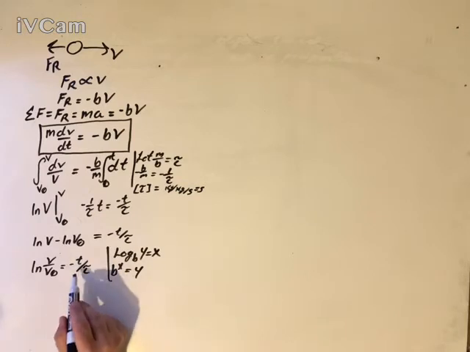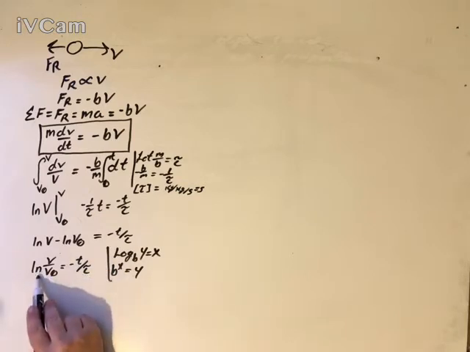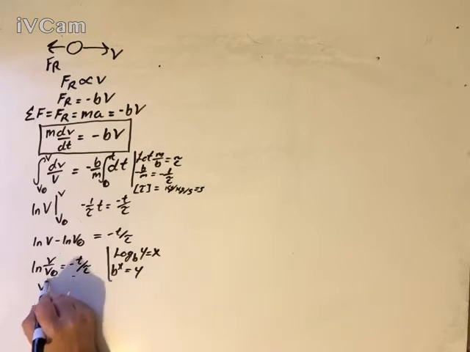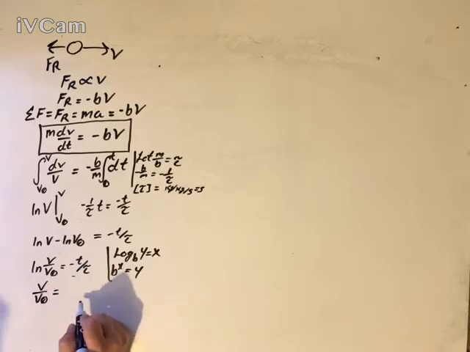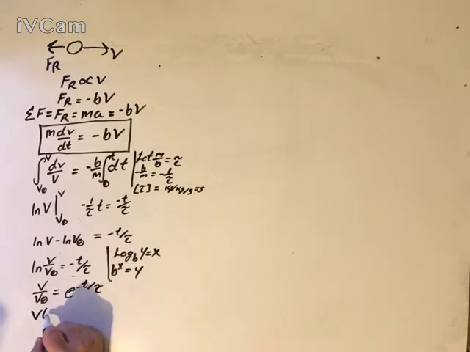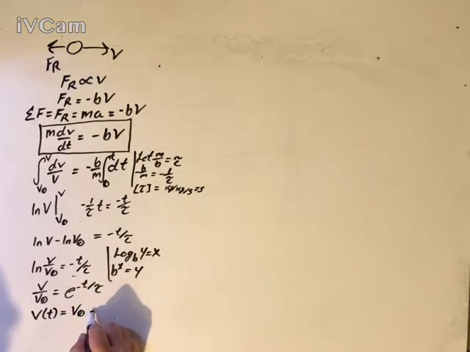So we can say b to the x would be e, our base, raised to the power of this term over here. So v over v sub 0 equals e to the negative t over tau. And that gives us our velocity function. V of t equals the initial velocity times e to the negative t over tau.